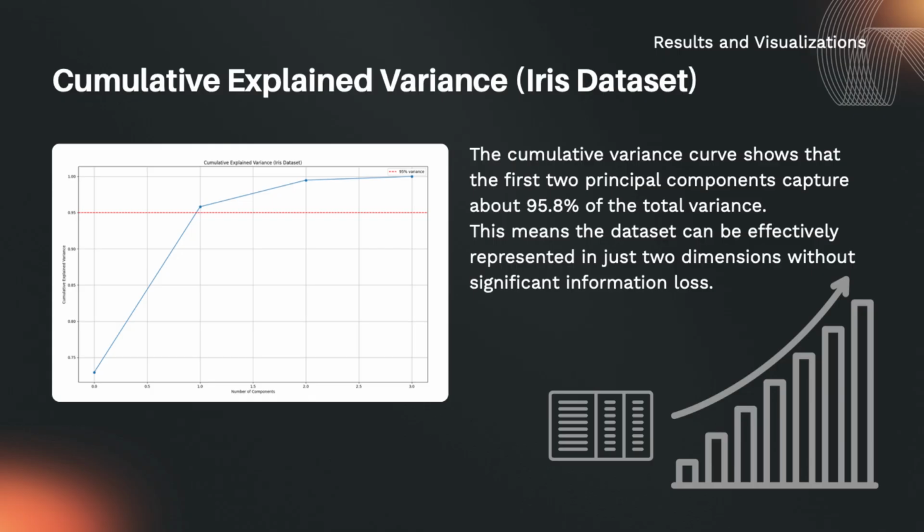From the curve, we can see that the first two components capture about 95.8% of the total variance. This means that almost all meaningful information from the original four features can be represented in just two dimensions with minimal loss. Therefore, using two components is an efficient and justified choice.